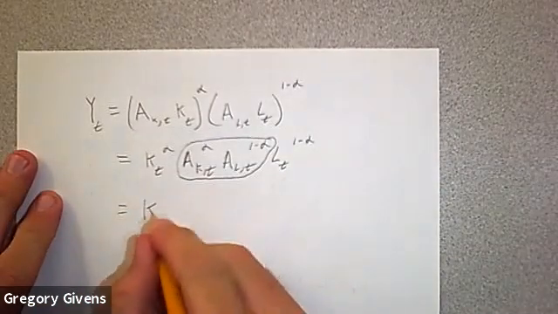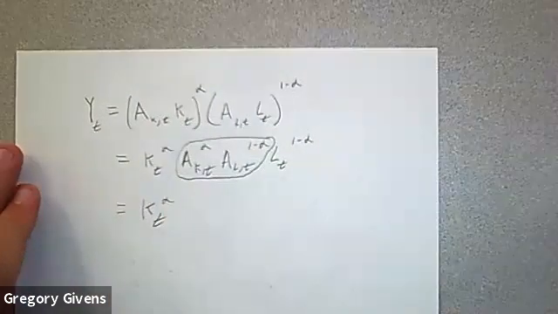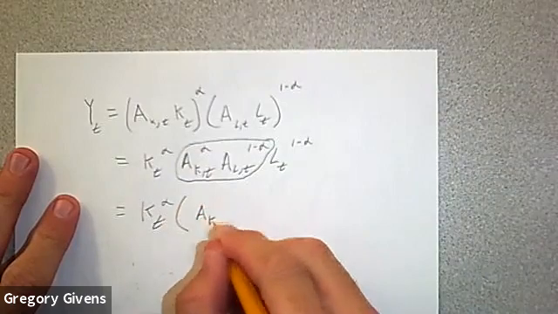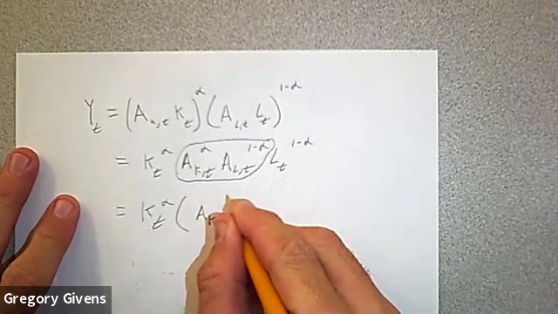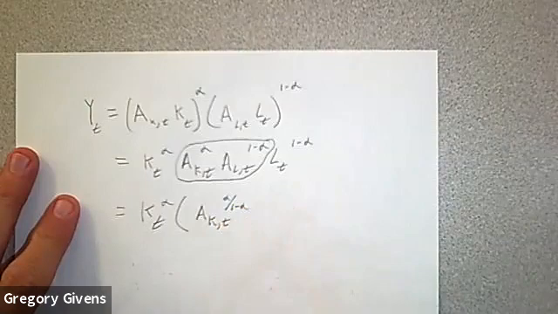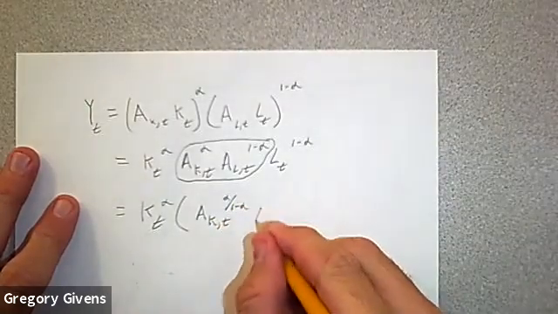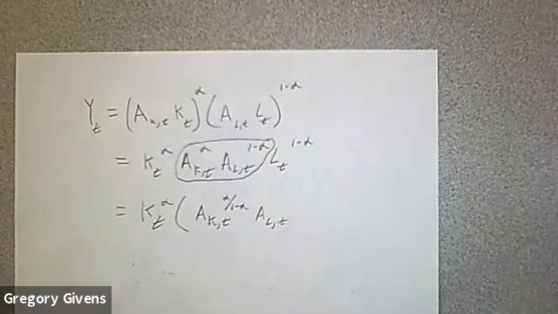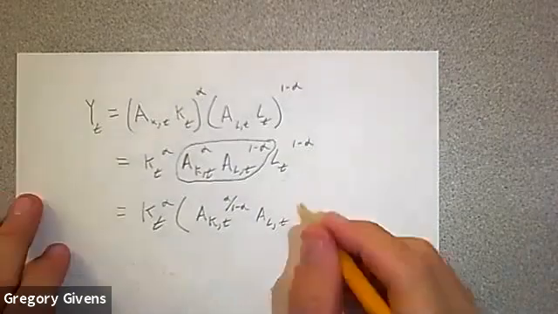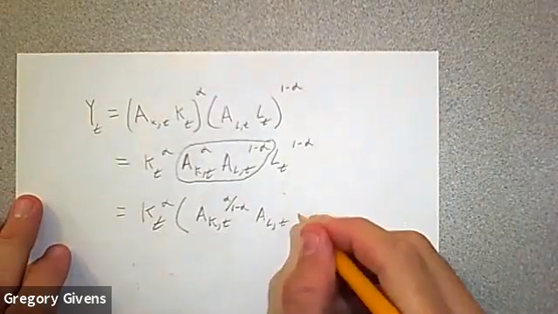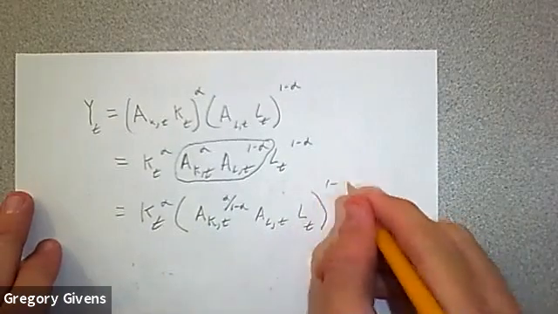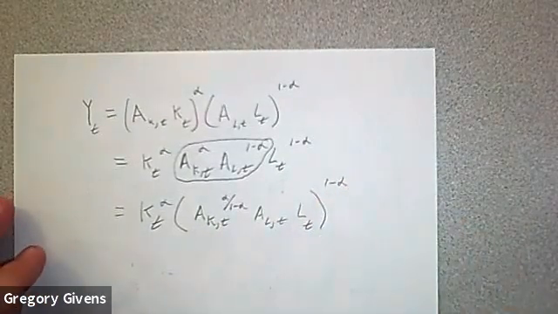Well, that's pretty straightforward. We can write this as what? (A_k)^(alpha over 1 minus alpha) times A_l, all times l_t raised to the 1 minus alpha, right?